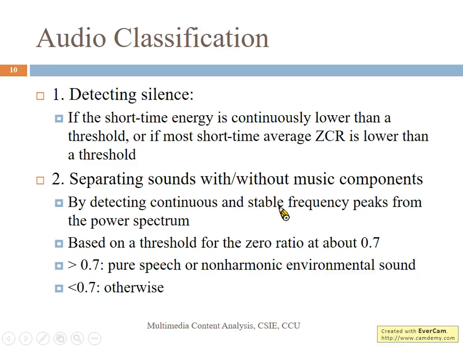After dividing signals into segments, we can now do audio classification. The steps are the following. They first detect silence. If the short time energy is continuously lower than a threshold, or if most short time average zero crossing rates are lower than a threshold, then we can classify this audio segment as silence.